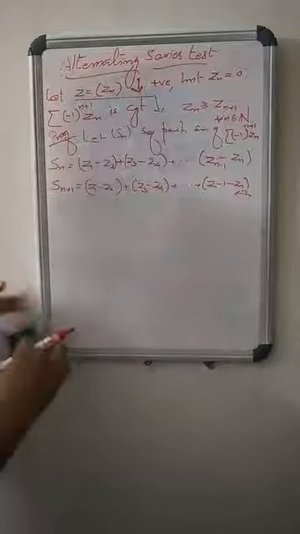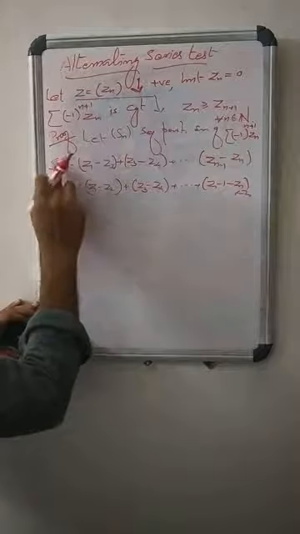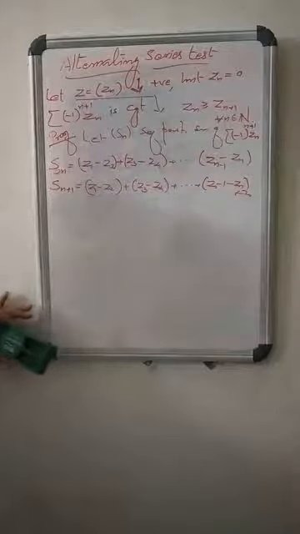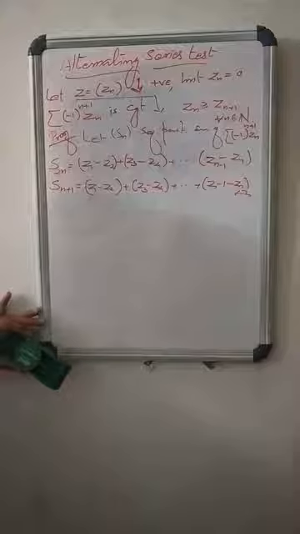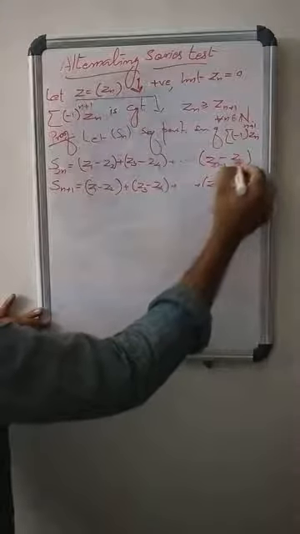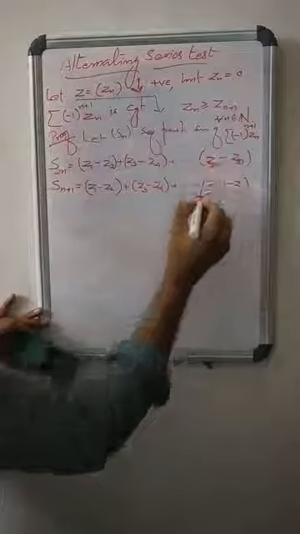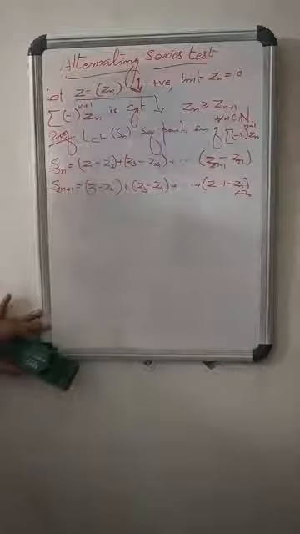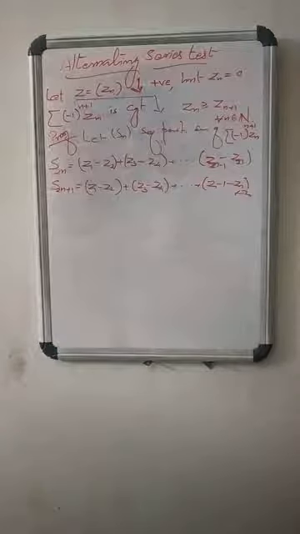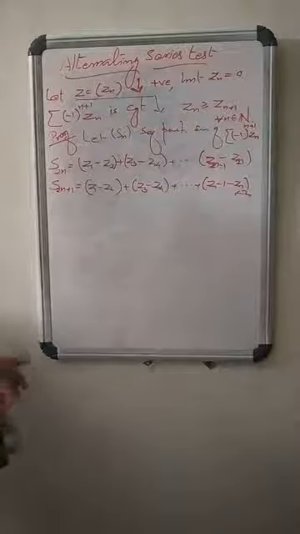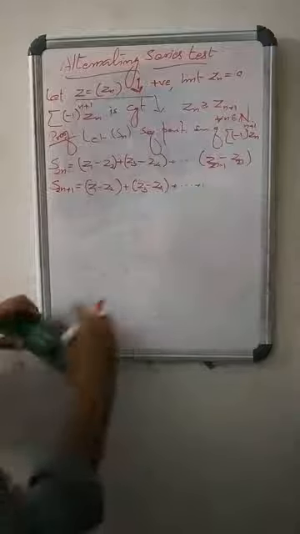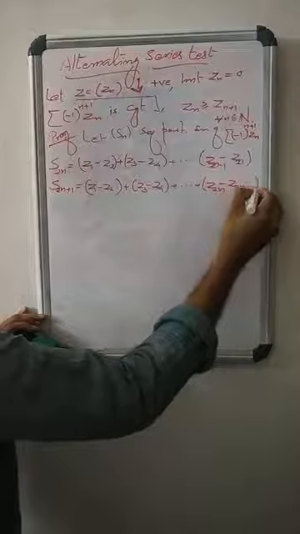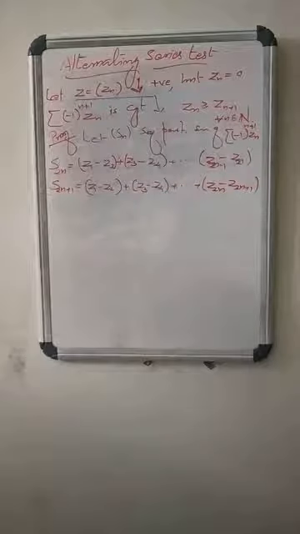for more convenience, you can take S2n instead of Sn. If you consider S2n, then S2n = (z1 - z2) + (z3 - z4) + etc. + (z2n-1 - z2n). So what about S2n+2? S2n+2 is S2n + (z2n+1 - z2n+2).